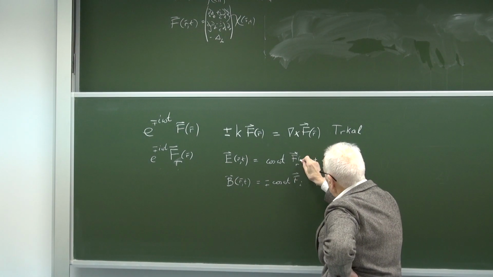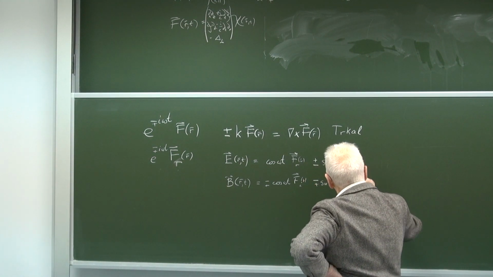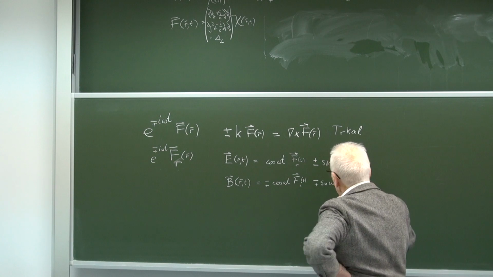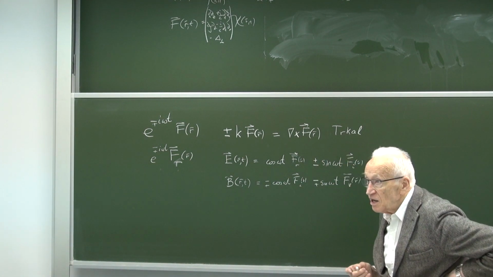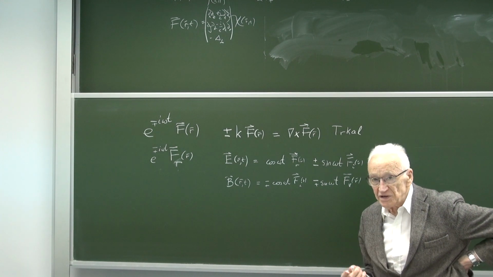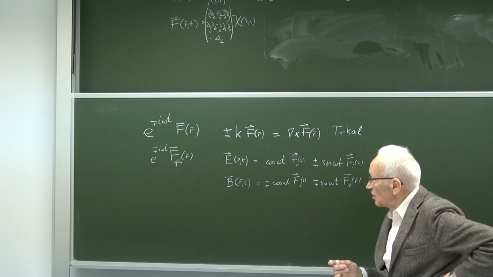Now, what are these real and imaginary parts of the complex vector? They're components of the electric field or the magnetic field taken at time t equals 0.